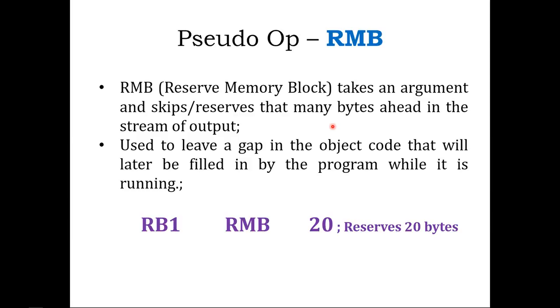Remember, I think in lab 2 you used something like this, RMB, because you had 2 different numbers and you were doing multi-precision addition with those 2 numbers. So you actually saved some consecutive bytes. For example, if you write something like RB1 RMB 20, that means you are asking your assembler to reserve the next 20 bytes. So what will happen is your assembler will skip the next 20 bytes, because it will keep those bytes reserved so that you can use them in the future.